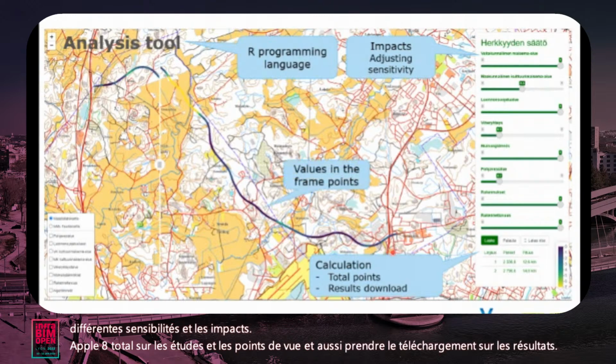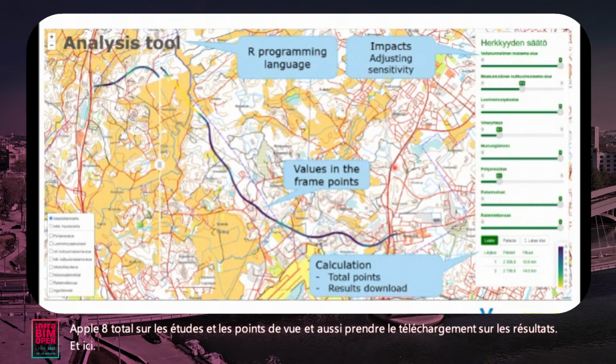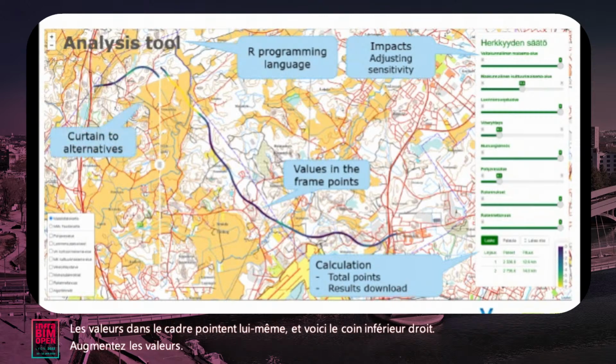And here the values in the frame points itself, and here in the right lower corner is the scale of the values. And there are 2 ready alternatives, and we have a curtain so that you can then compare these alternatives.